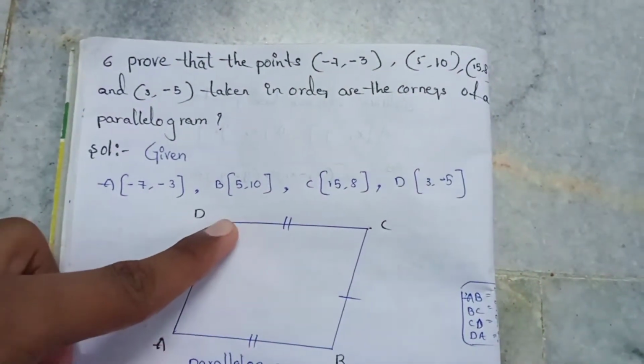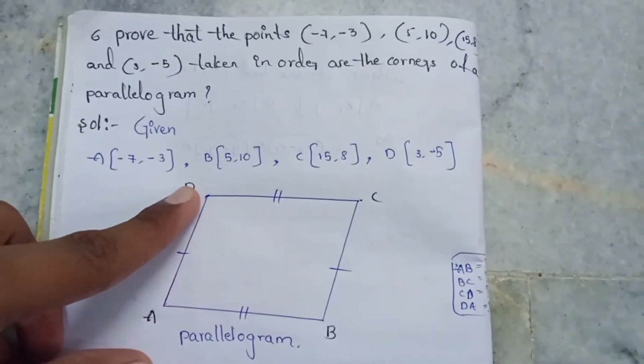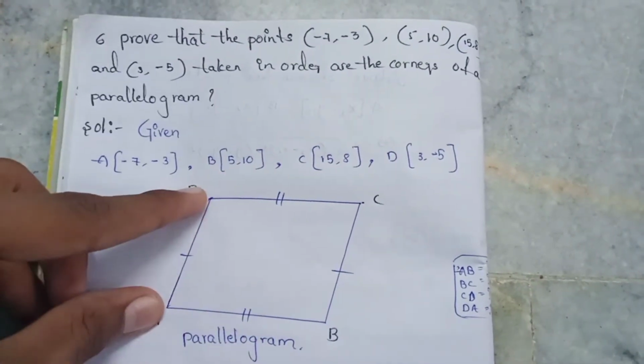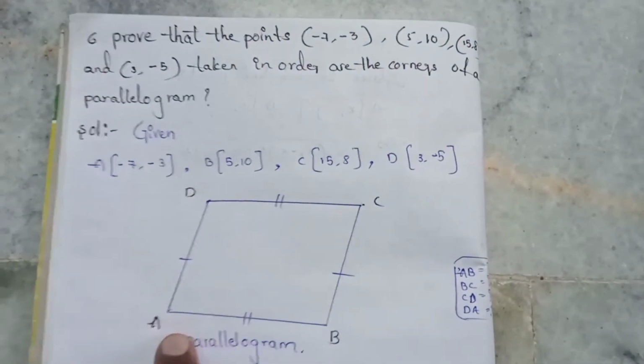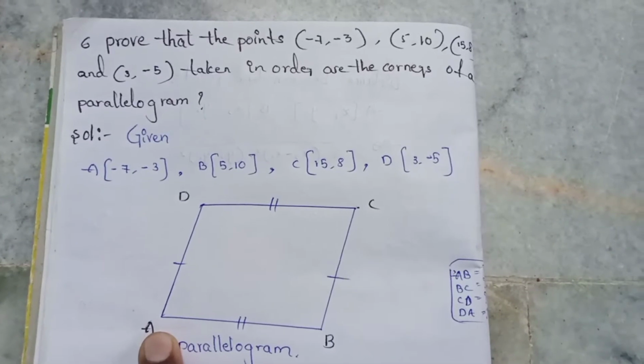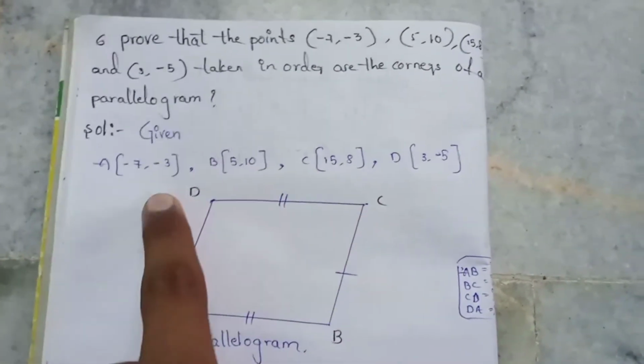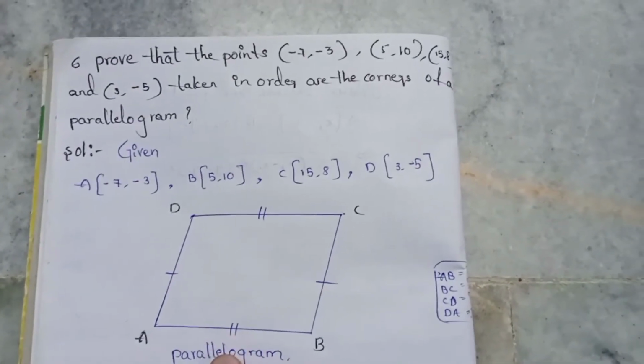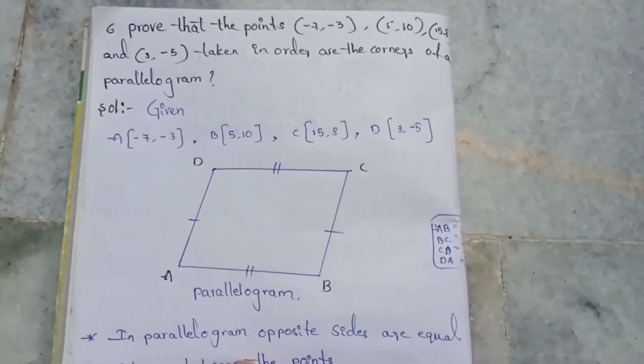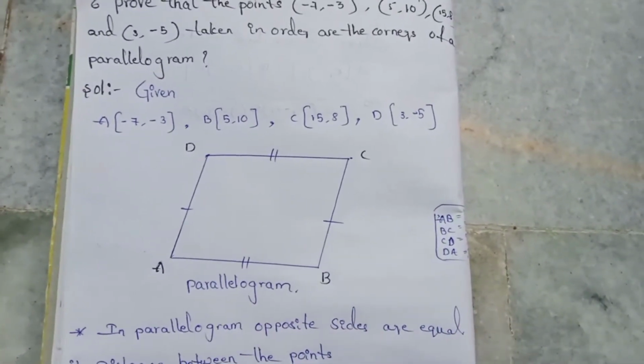You already learned in previous classes what a parallelogram is. See, I have drawn a parallelogram. Observe this. Now I took the points A, B, C, D. You already know that a parallelogram's opposite sides are equal.